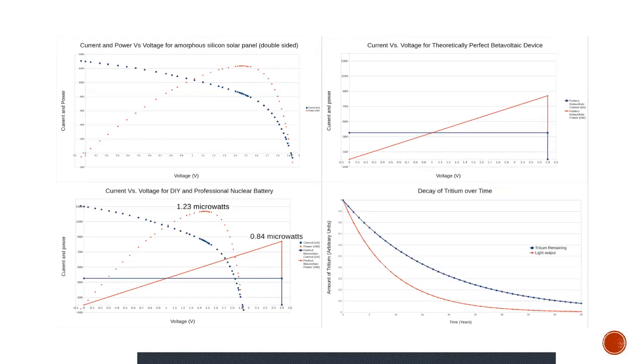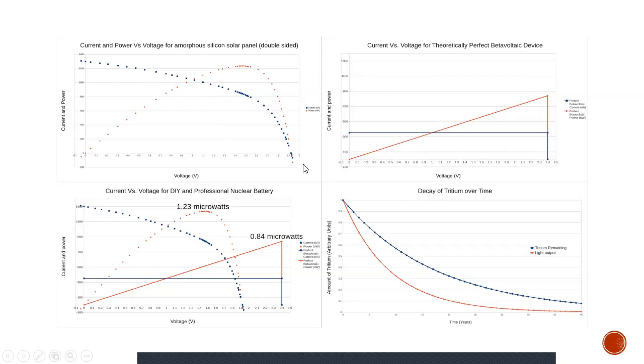These are the current versus voltage graphs for a betavoltaic cell, but this is for a theoretically perfect betavoltaic cell. You can see that the graphs are more constant, and the power and current figures are more well distributed. But here we can see that they have certain anomalies.